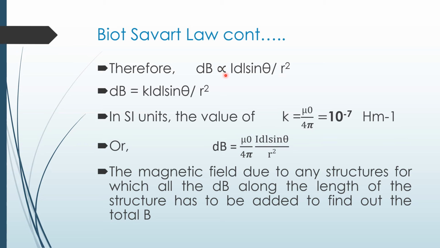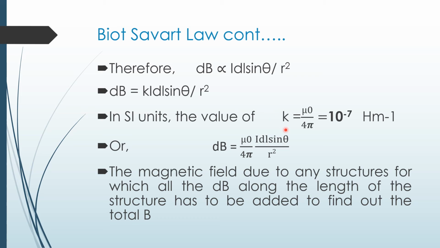And when we remove this proportionality sign, a constant is introduced, denoted by k. So the equation becomes dB is equal to k I dl sin theta upon r square.